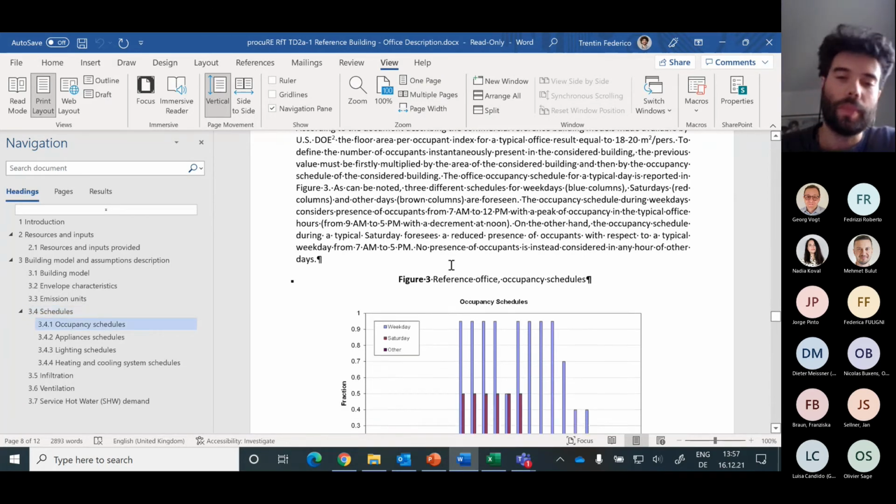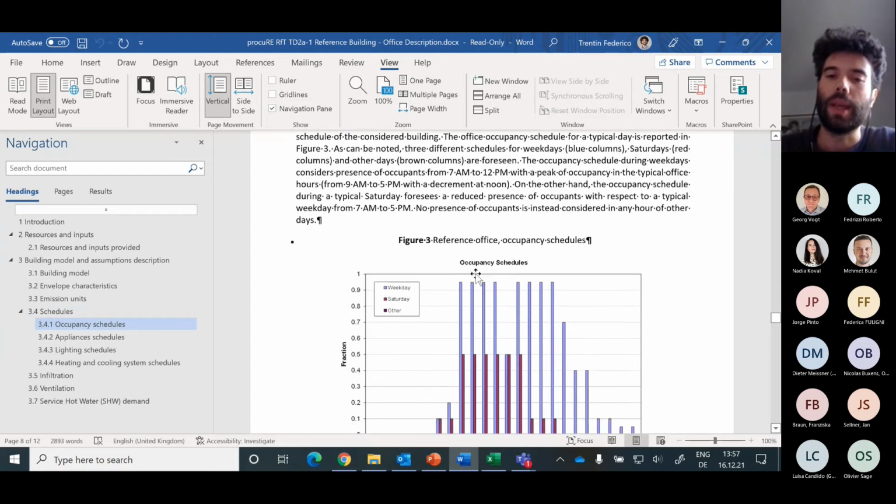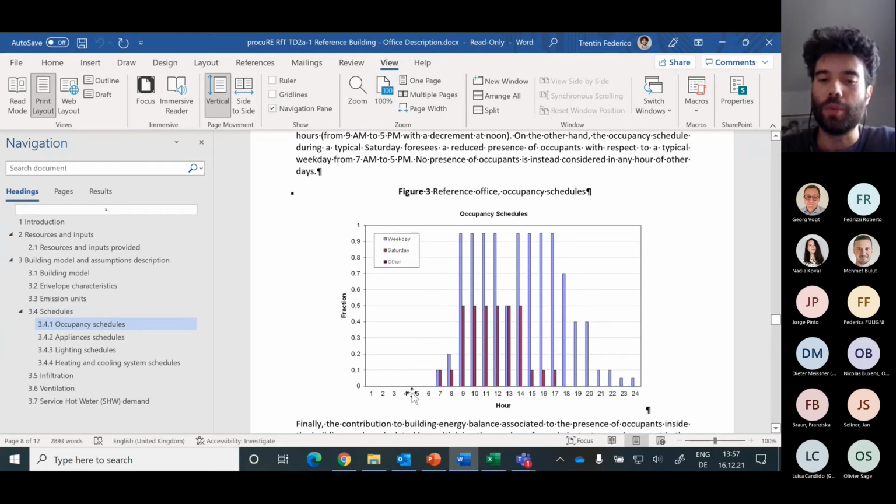Basically, we report the schedule for each hour of the day and for different days along the year. Here, this is the fraction of the nominal load that must be considered. And in this way, you can evaluate for each hour of the year the heat contribution associated to the presence of persons inside the building.